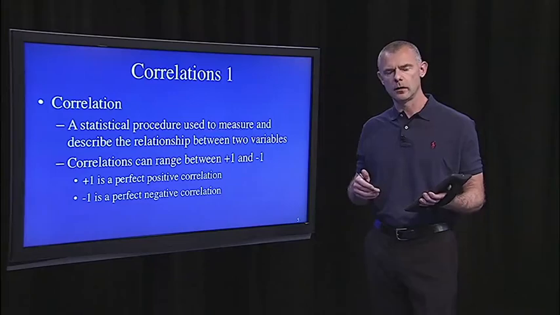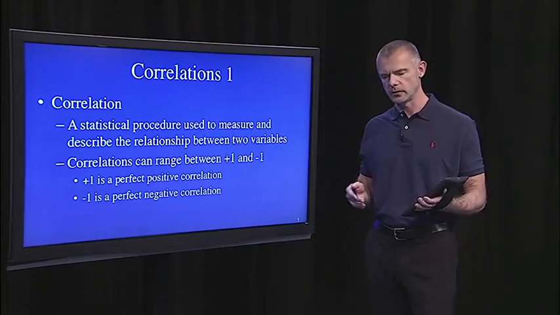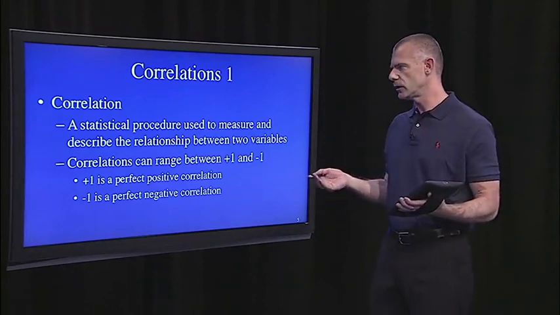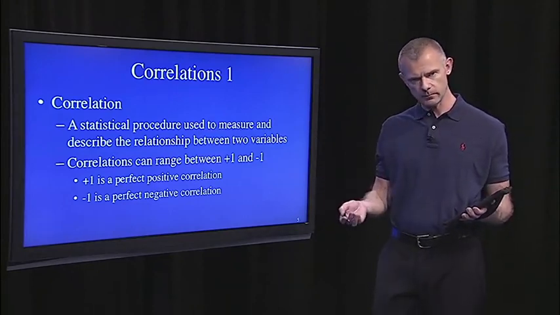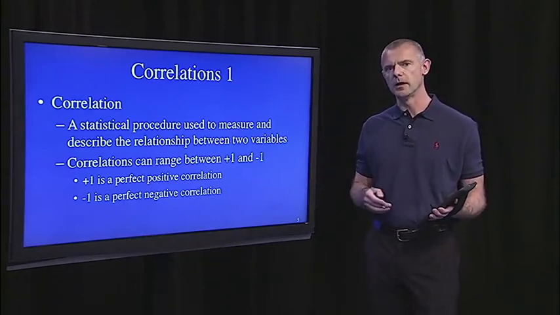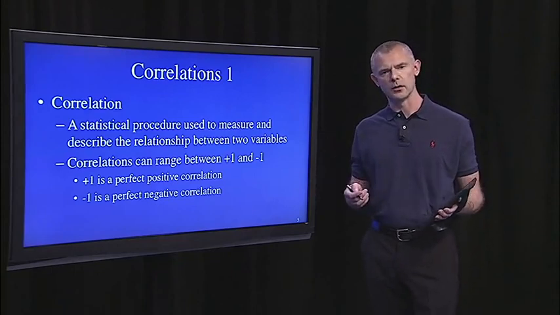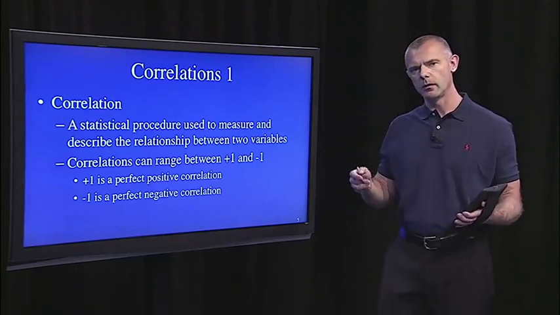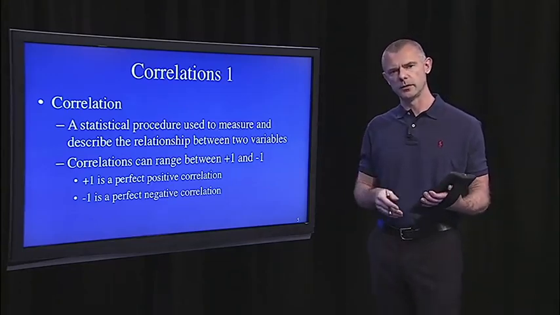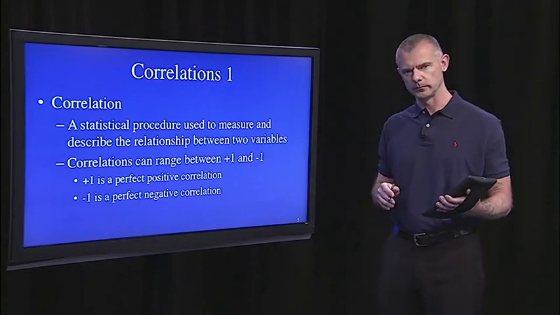Sometimes a correlation can be thought of as just a descriptive statistic. We're just describing the relationship between 2 variables in a sample. Or we might be using it in inferential statistics. So we might be computing the correlation coefficient in a sample and then trying to make an inference about the relationship between 2 variables in a population.